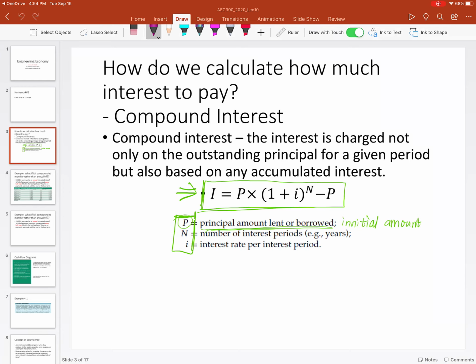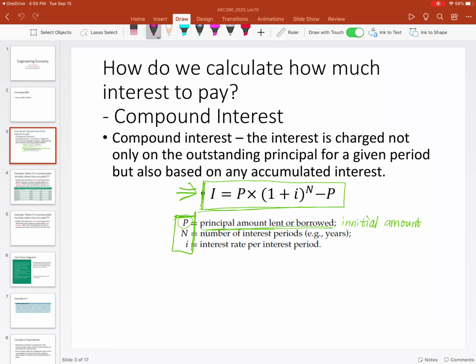To calculate that, we have tried the manual ways, and we manually filled out that table. You remember that? It's complicated. But we also have learned the equation method. On this slide, you can see this equation, right?